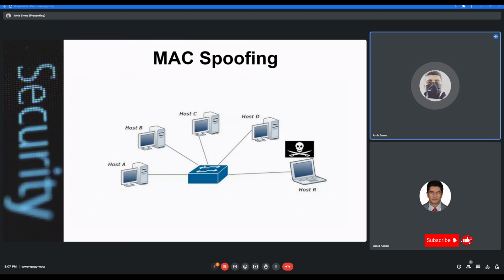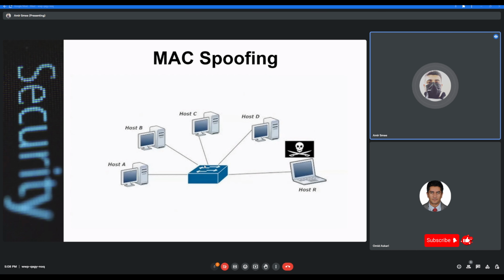When a device wants to communicate on a network, it uses its MAC address to identify itself to other devices. By changing its MAC address to match that of another device, a malicious actor can trick the network into accepting the spoofed device as the legitimate one.